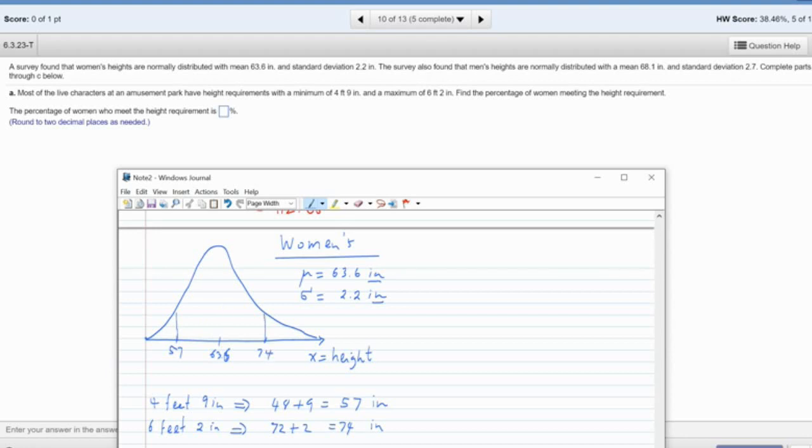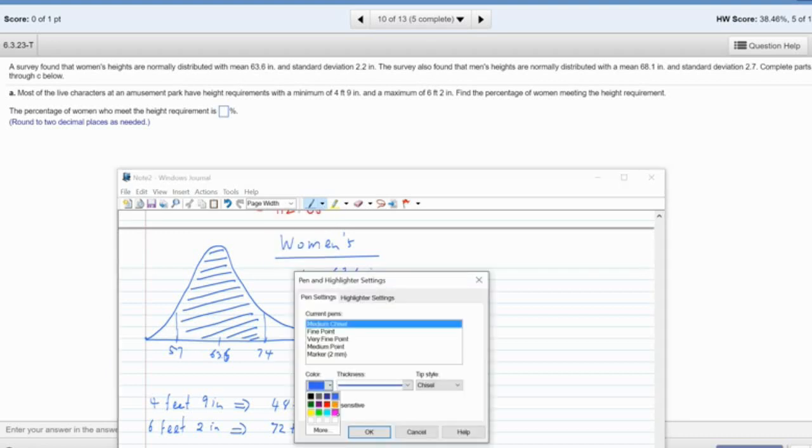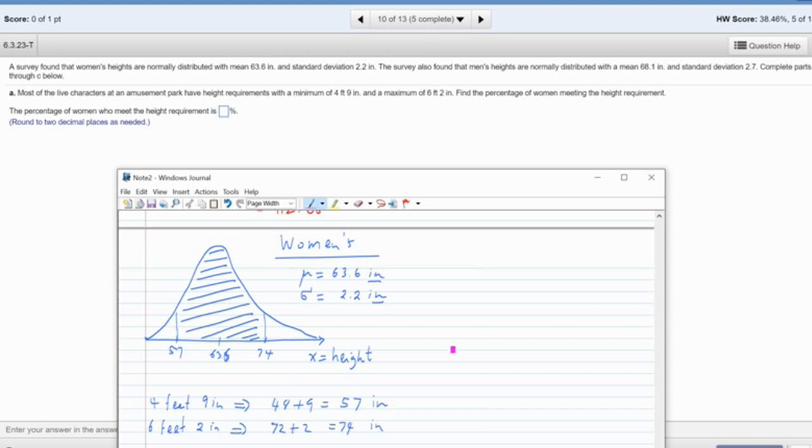That percentage comes from this area. That is what we need to find. First we convert this to a standard normal, where z is zero here. We first need to convert 57.